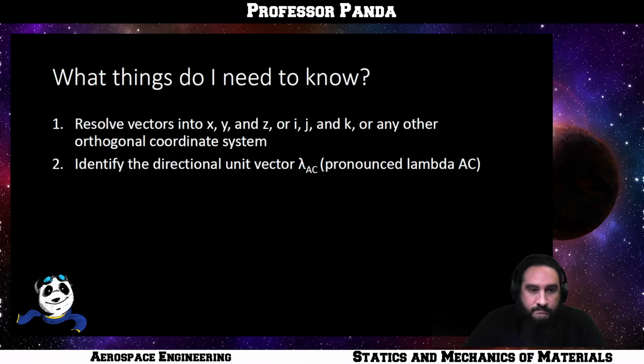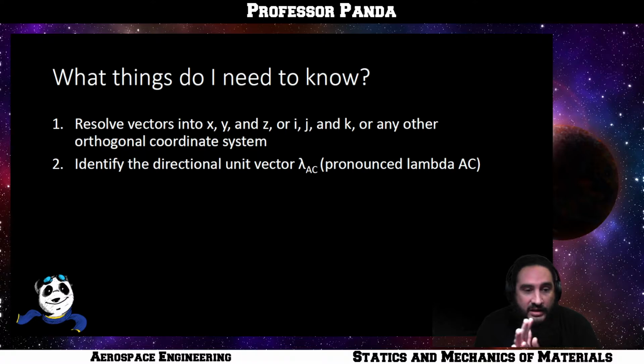So the things that you need to absolutely know before moving on are how to resolve vectors into i, j, k, x, y, z, or any other three-dimensional right-handed coordinate system, like p, q, r. It doesn't matter what letters you use as long as they're compliant with the right-hand rule and they're all orthogonal to each other.